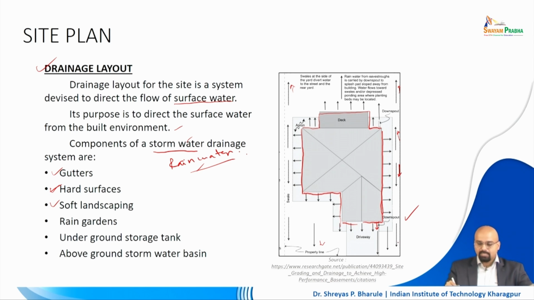These are the rolling slopes with which the water will run off, or be drained out towards the edge of the property, where there will probably be a storage point connected through a gutter, or an underground storage tank to which it is connected, or there will be something called rain gardens, wherein you will actually be allowing the water to percolate down naturally. Okay. So, that is very important.